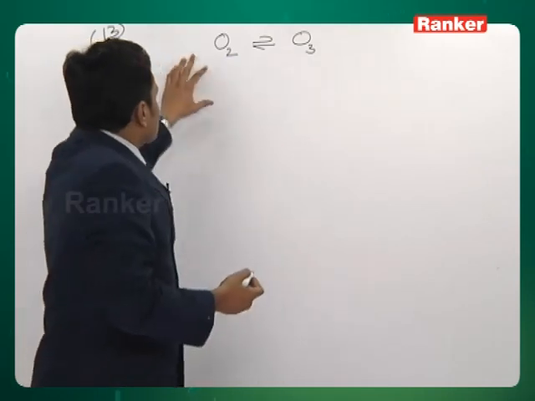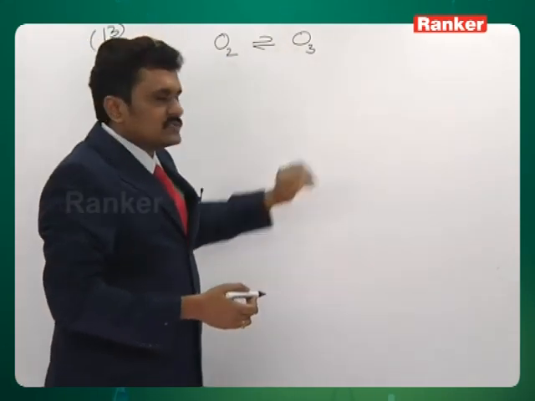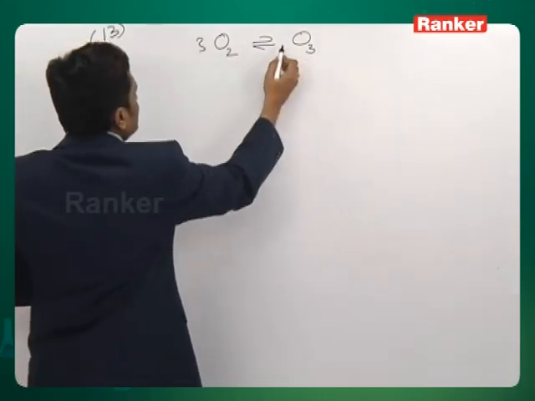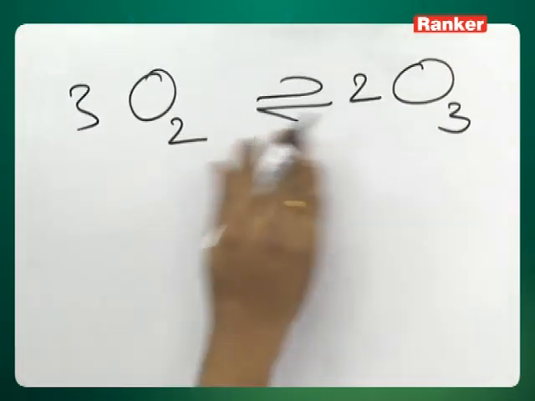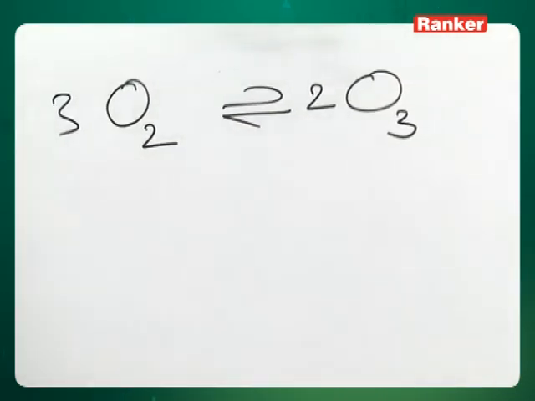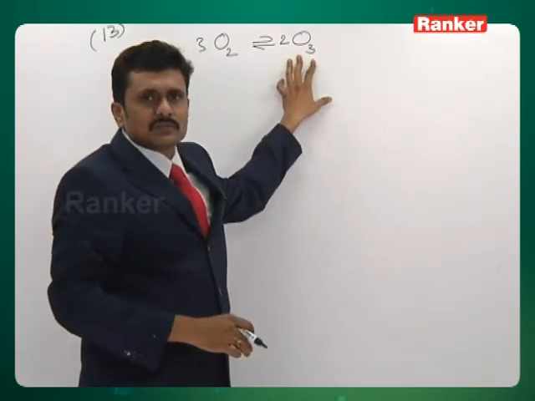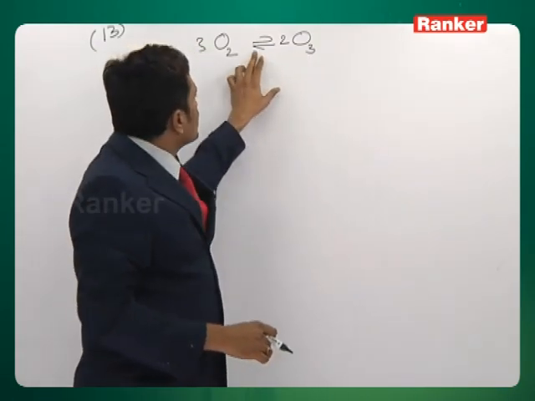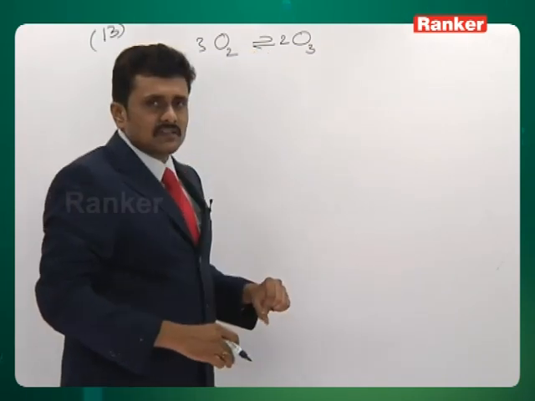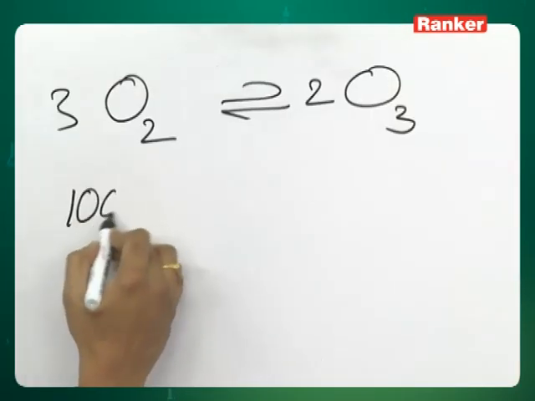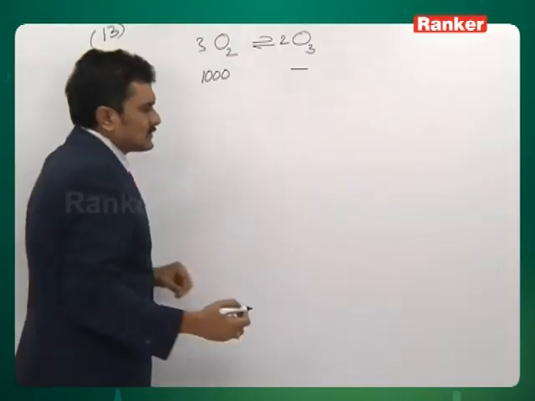I mean there is conversion of oxygen to ozone which is involved in the first reaction, but you can see here clearly that the entire conversion of oxygen to ozone is not possible since ozone is not stable at room temperature. Hence I am taking the equilibrium situation arising here. I have taken here 1000 ml of oxygen initially.